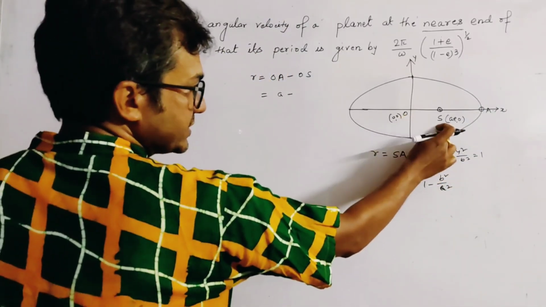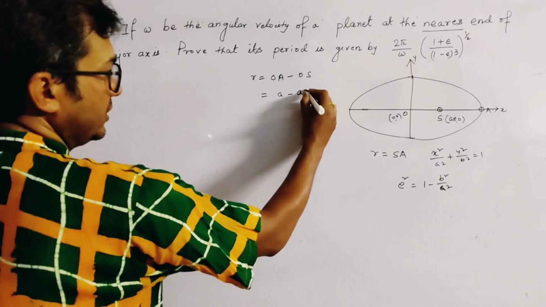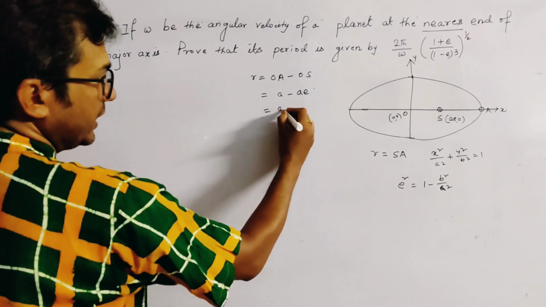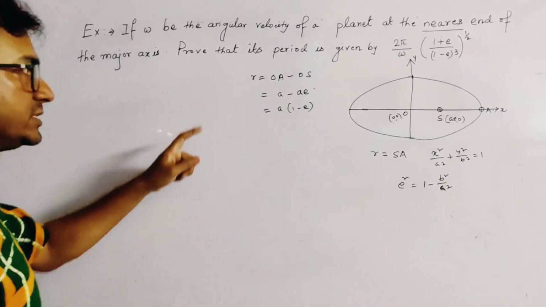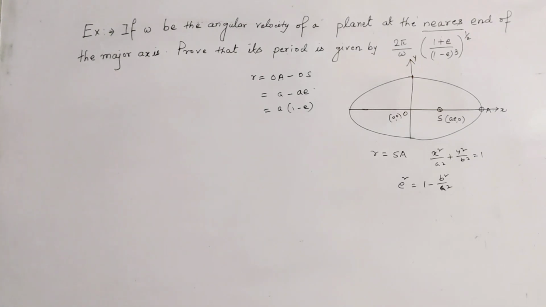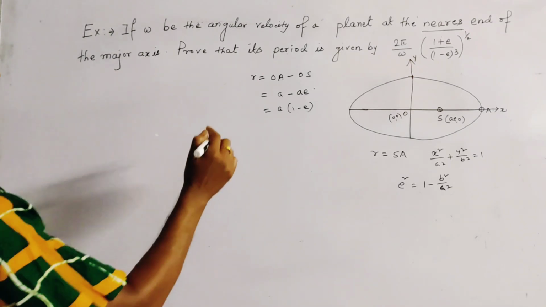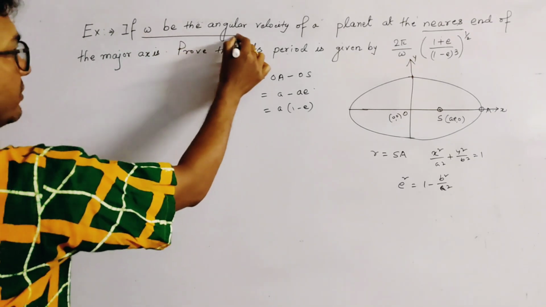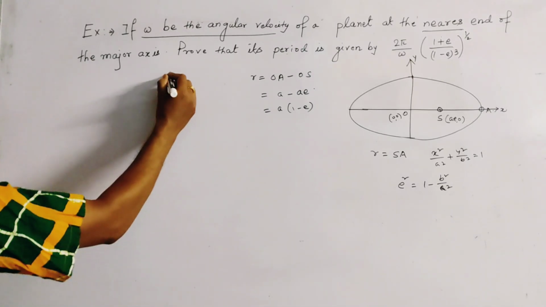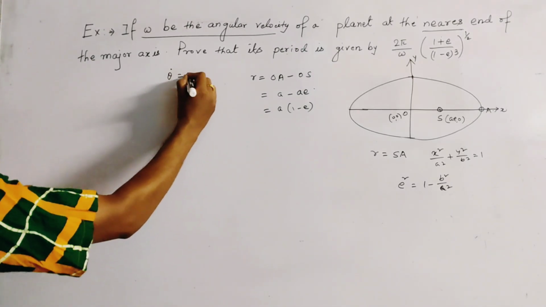So OS equals ae, and r equals a into (1 minus e). This is the length of the radius vector, and here it is given that omega is the angular velocity. So theta dot is equal to omega.